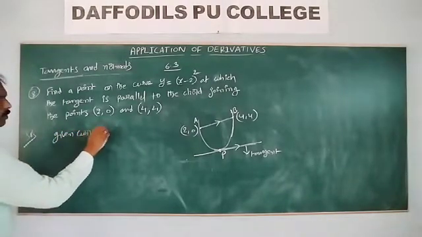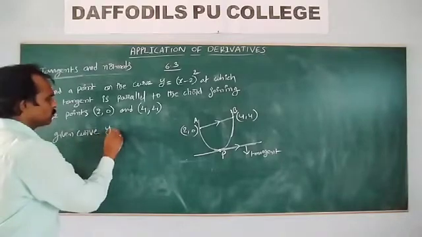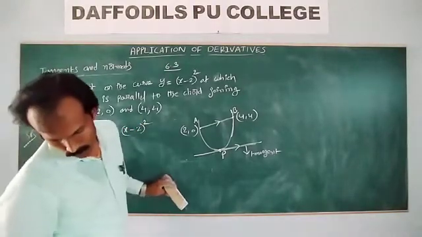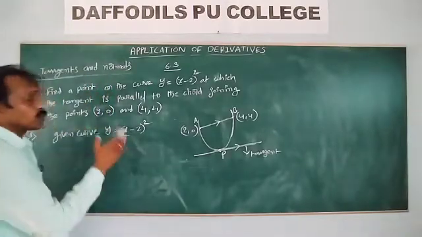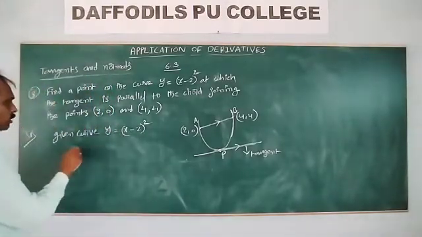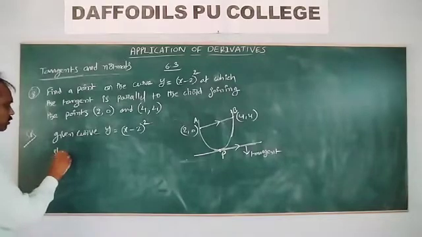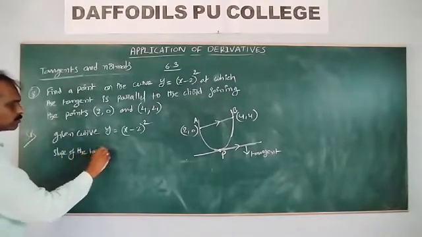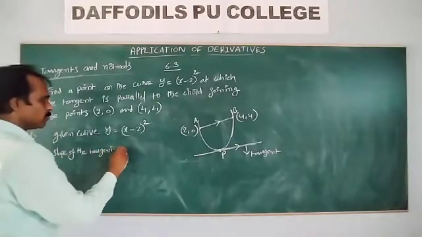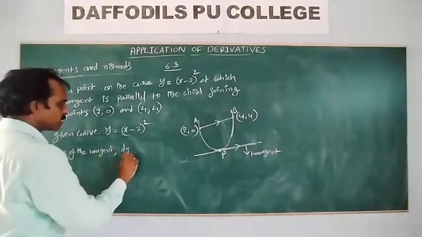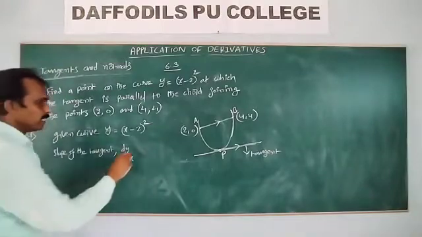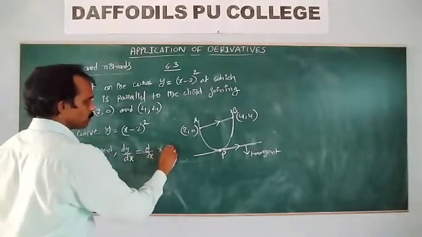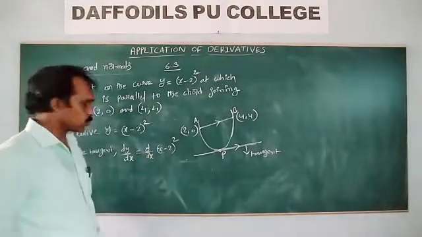What is the given curve? y is equal to (x minus 2) whole square. The slope of the tangent is nothing but dy by dx. Differentiate with respect to x. dy by dx is equal to d by dx of (x minus 2) whole square.